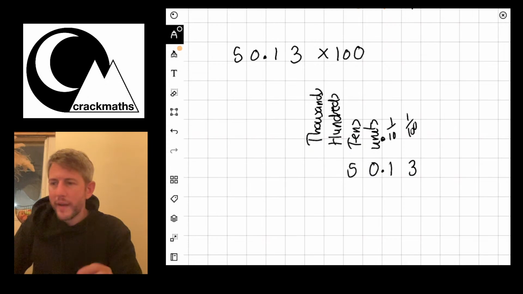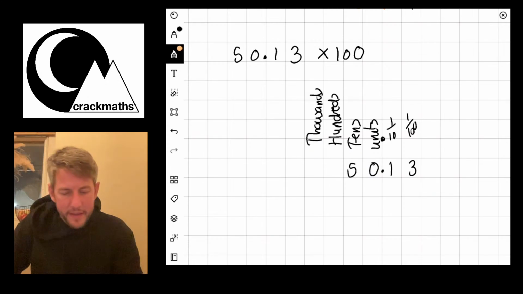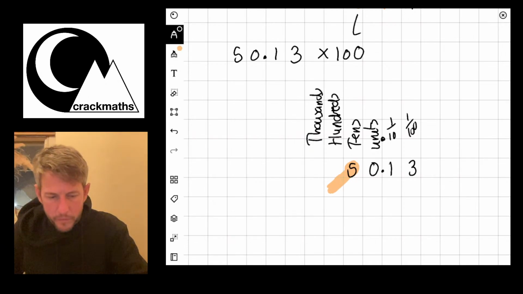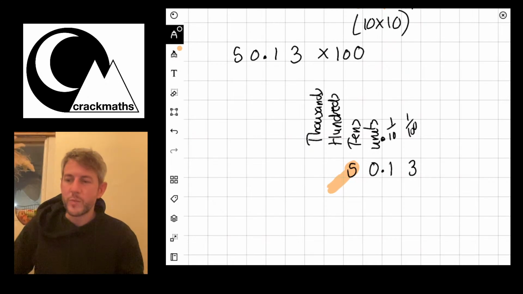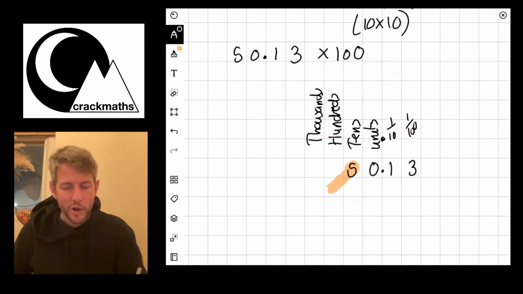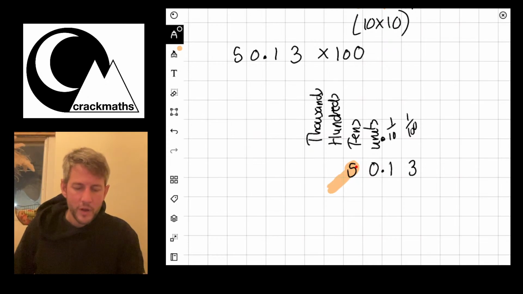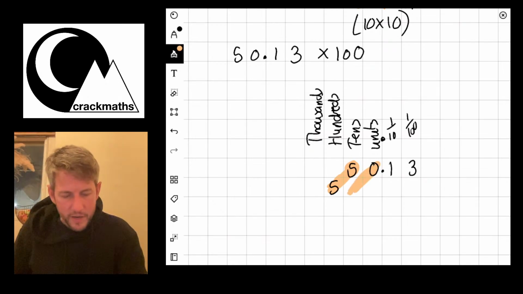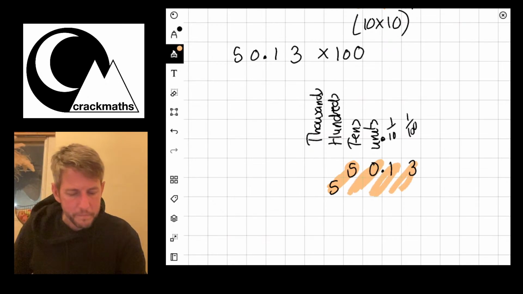Now we're multiplying it by 100, so each thing is going to move 2 columns, because 100, remember, is 10 times 10. Essentially we're timesing by 10 twice. The 5 goes from the tens column once. This first bit is to times it by 10 for the first time.